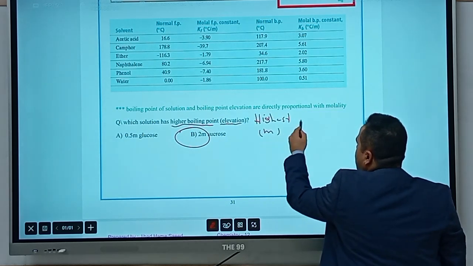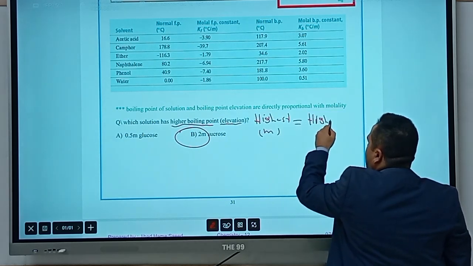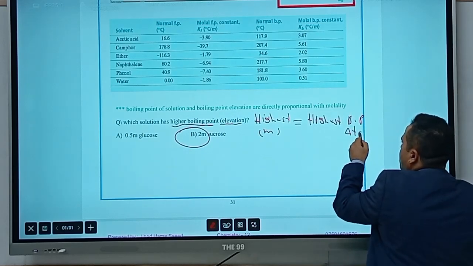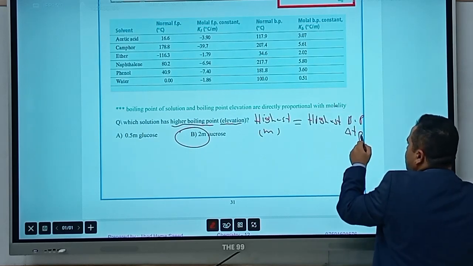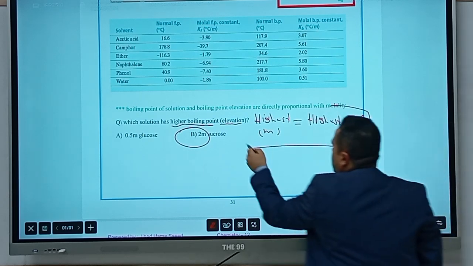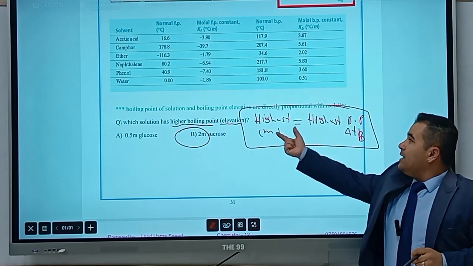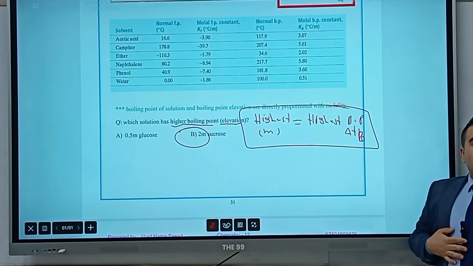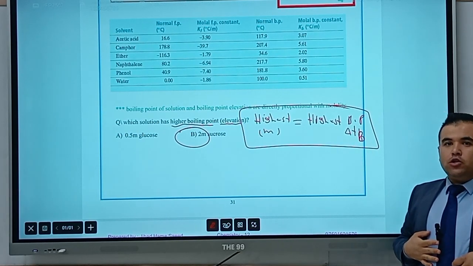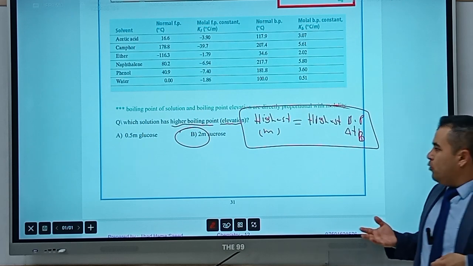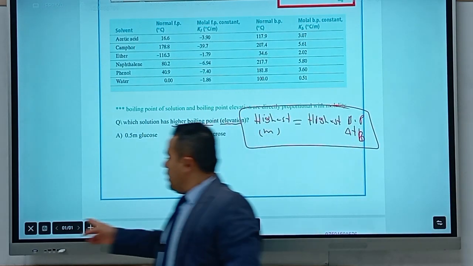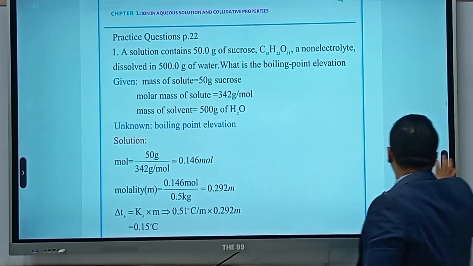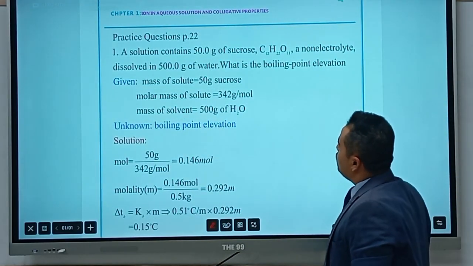Highest molality represents the highest boiling point and highest boiling point elevation, delta TB. Lowest molality gives the lowest boiling point and lowest delta TB as well.